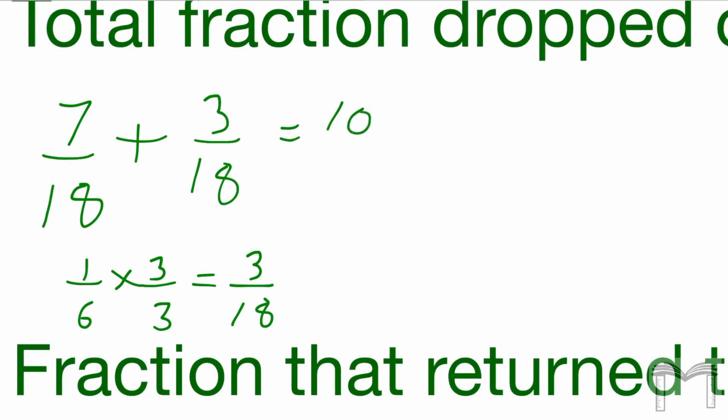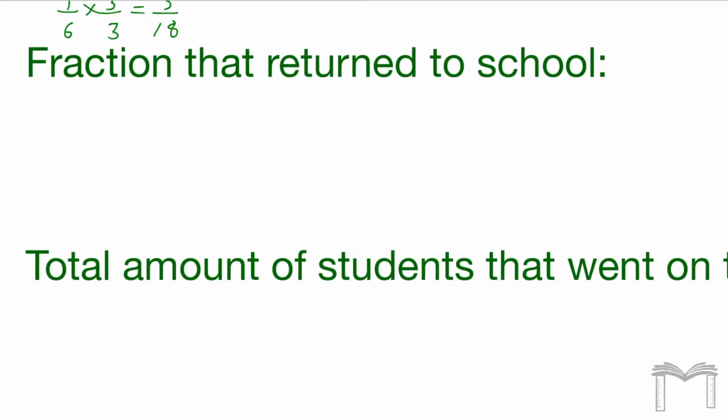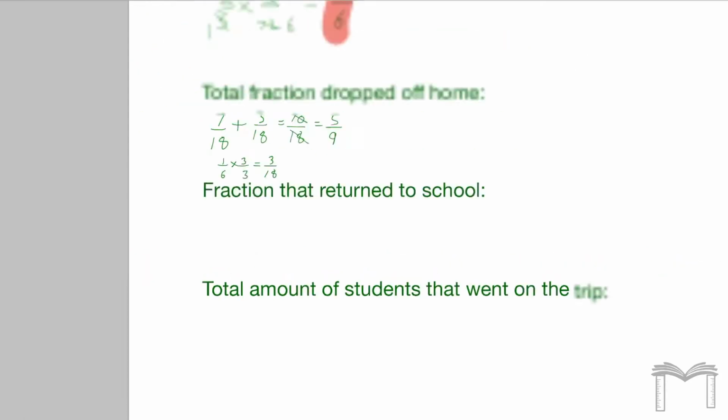So 1/6 can be written as 3/18. 7 plus 3 is 10. That's 10 over 18. This can be reduced by saying 2 into 10 is 5 and 2 into 18 is 9.